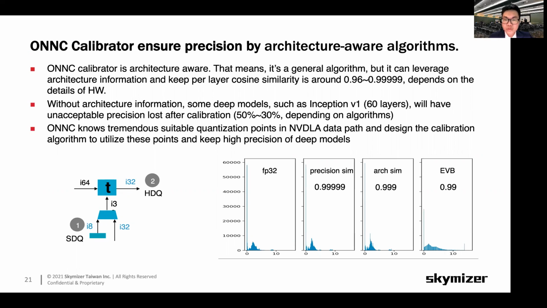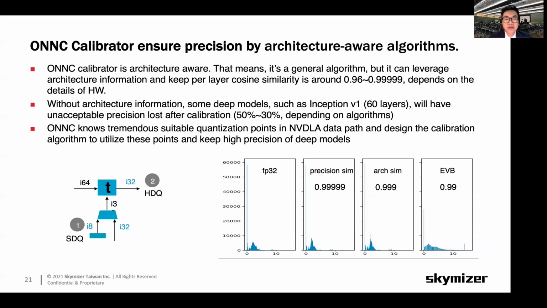So how to convert, how to quantize this data is very important to ensure accuracy and use the DLA. Because the ONC calibrator is an architecture-aware algorithm, we could use many hardware supports in the DLA when quantizing.